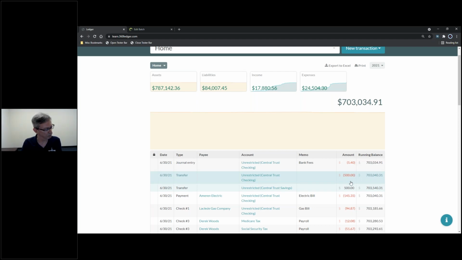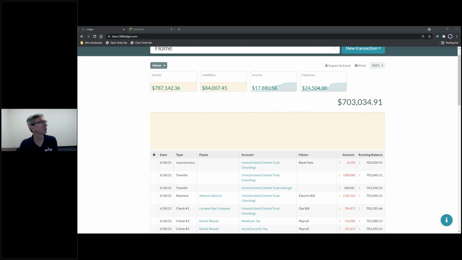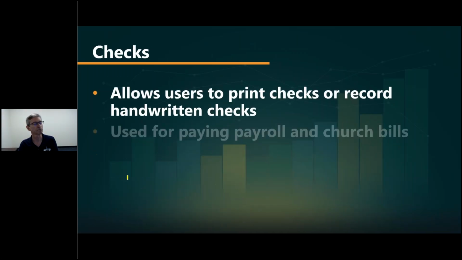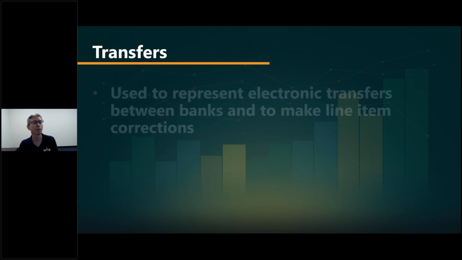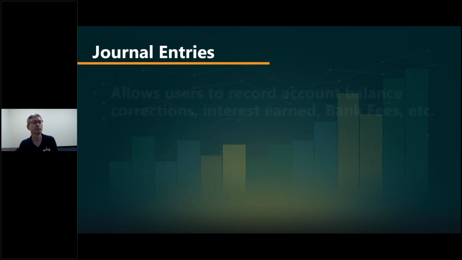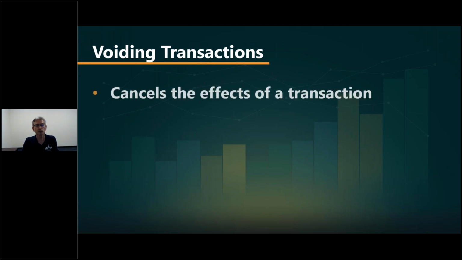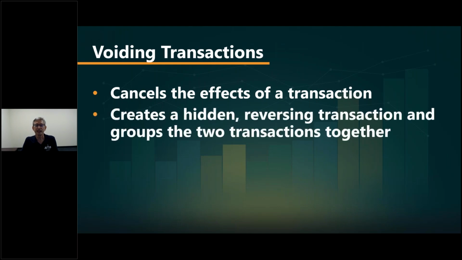So let's go back to voiding transactions. All right, this will cancel the effect of a transaction. It creates a hidden reversing transaction and groups the two transactions together.